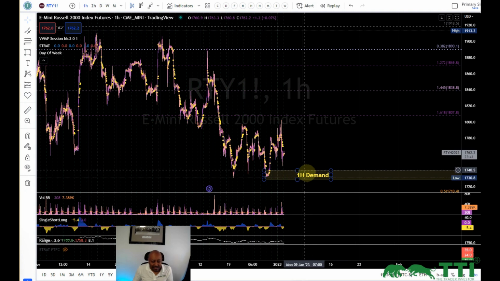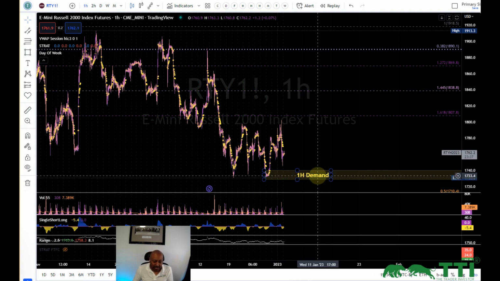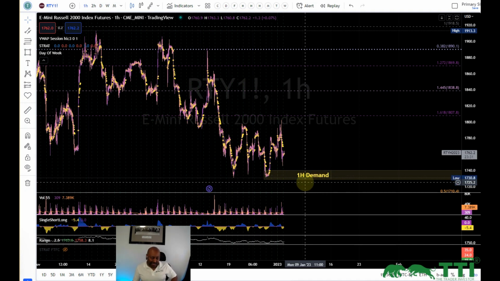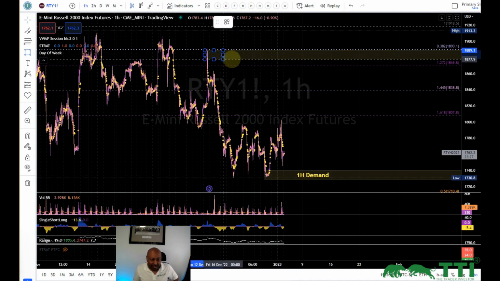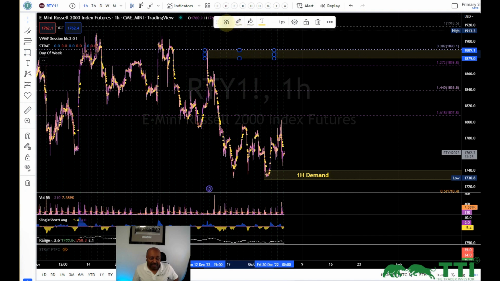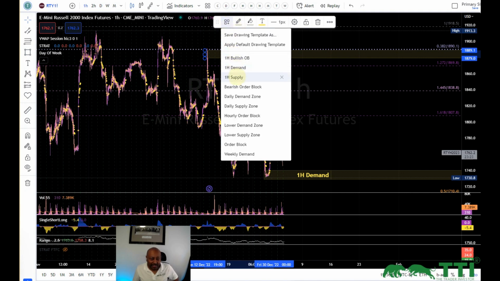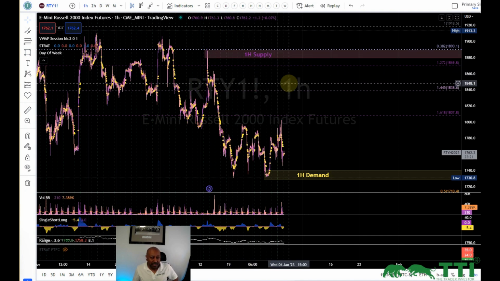Is there an area of strong support, which is the demand zone, or an area of strong resistance, which is a supply zone, that I can identify? And once I've identified those areas, then when price comes there, I know what to do.